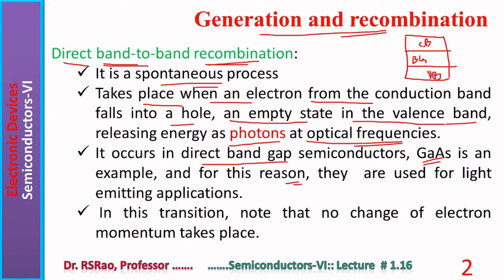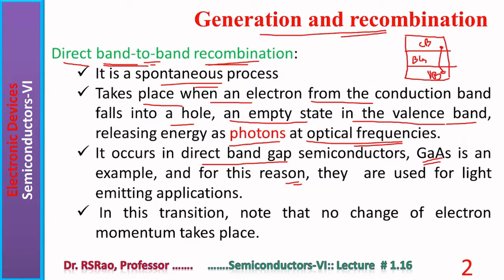When conduction band electron, a free electron, falls into a hole, or it falls down into valency band, then it is named as recombination. Band-to-band recombination means electron falls from conduction band to valency band directly in one step.